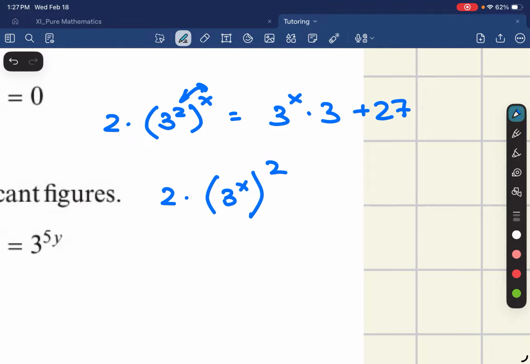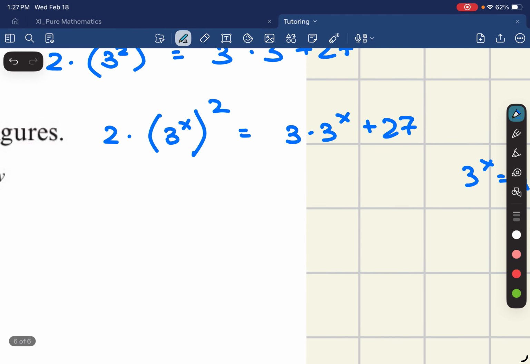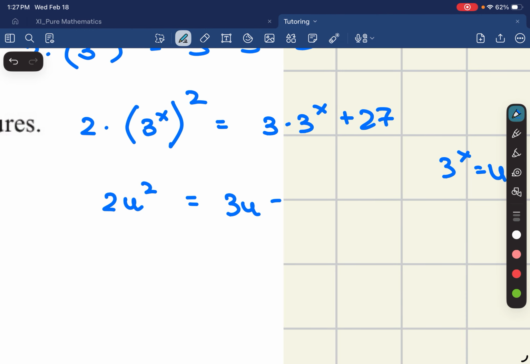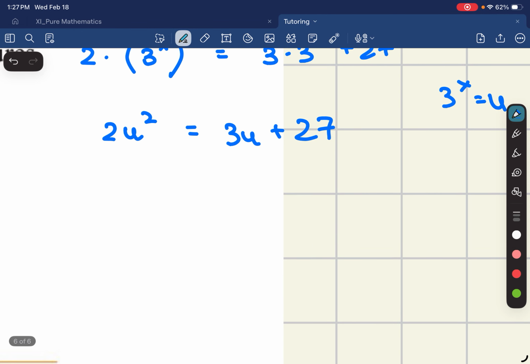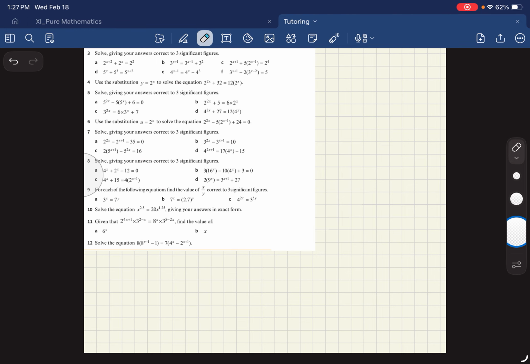The power law tells me that 3 squared to the power x is the same thing as 3x to the power 2, plus 27. So if I say that 3x is equal to u, then I get 2u squared equal to 3u plus 27. And now this is a quadratic equation, and you are more than capable of solving this quadratic equation.